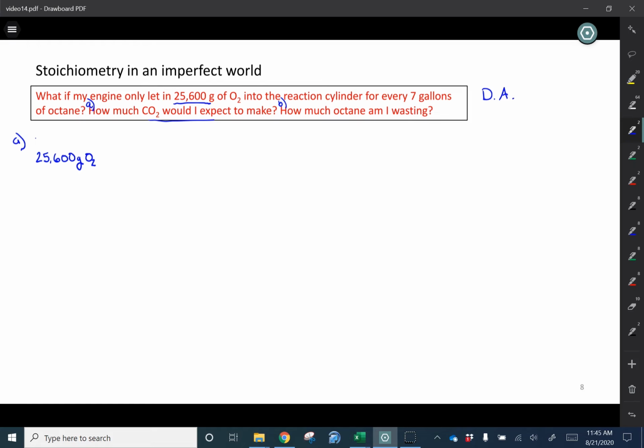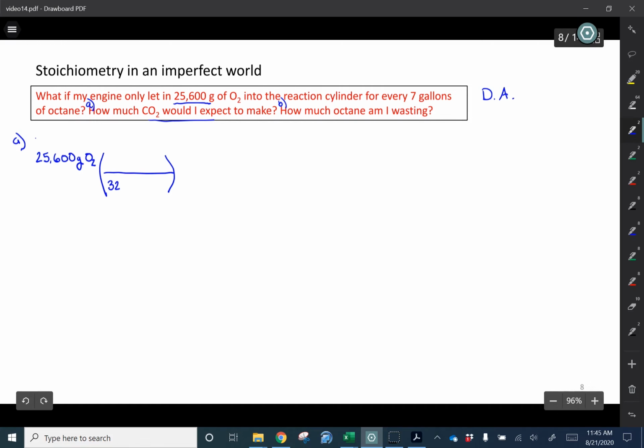But I'm going to go straight through because this is just another example very similar to the examples we've been doing. So for O2, we want to convert from grams to moles before we can convert to moles of CO2. And we know that O2 is 32 grams per 1 mole.